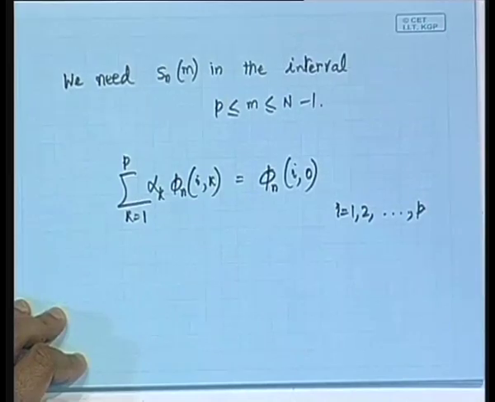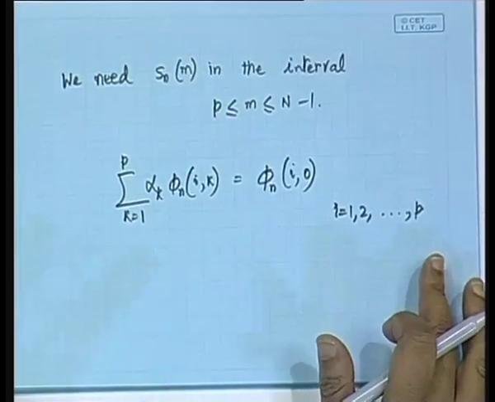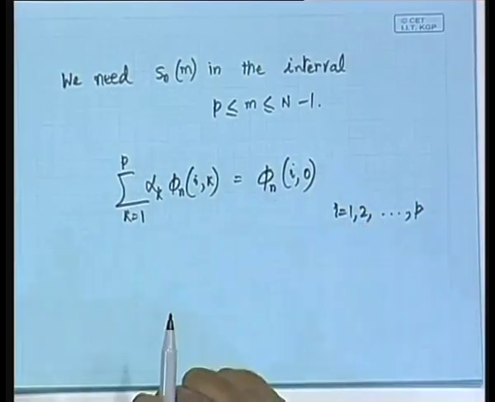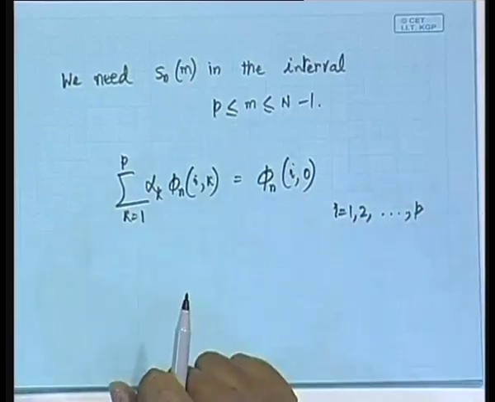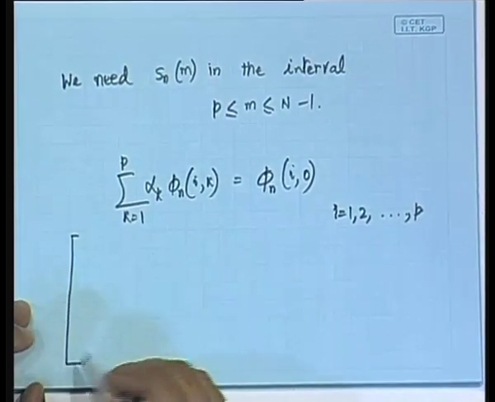Again it is a set of P equations. It looks very similar, but in this case we will not be able to equate it to the Rn terms, but rather we have to keep it to the phi n terms, and the kind of matrix that results is like this.